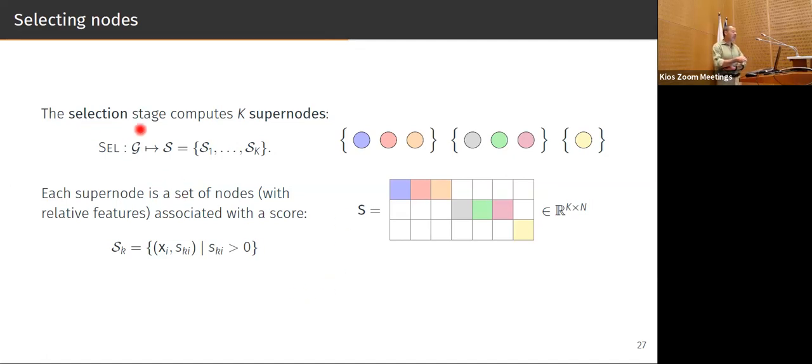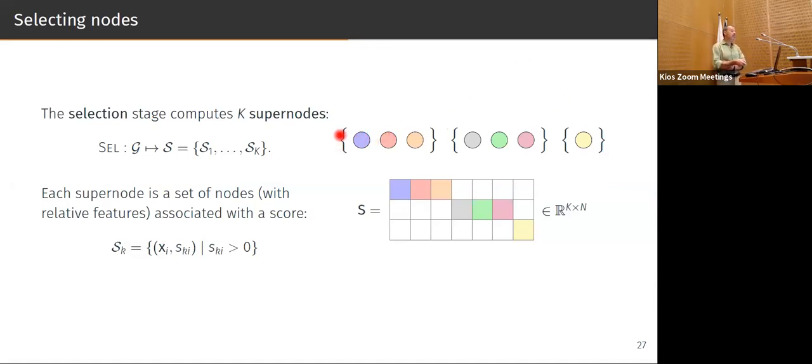So this selection stage, the selection operator, aims at taking the nodes of the graph and partitioning them into a new set, or a subset of them. At the end of the day, what we would like very much is to generate these sets. The first set will degenerate into one meta node, this one into the second meta node, and this one into the third meta node.